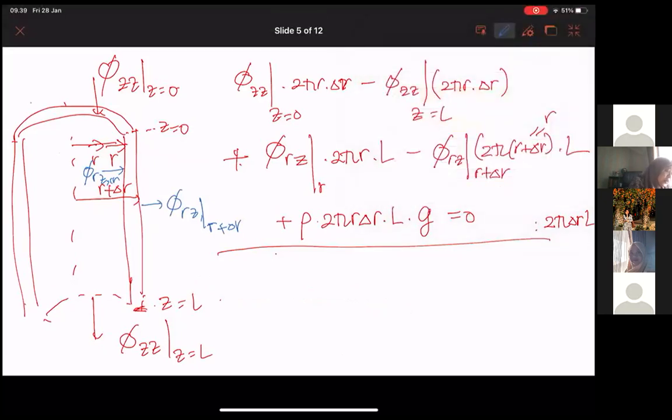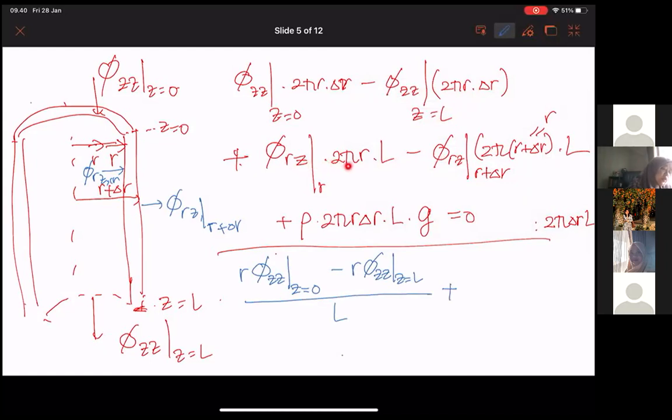So we divide them by 2π delta R and L. Here would be C_zz at z equal to 0, minus, now we still have the R, R C_zz at z equal to L, per L, because we have to divide by L.